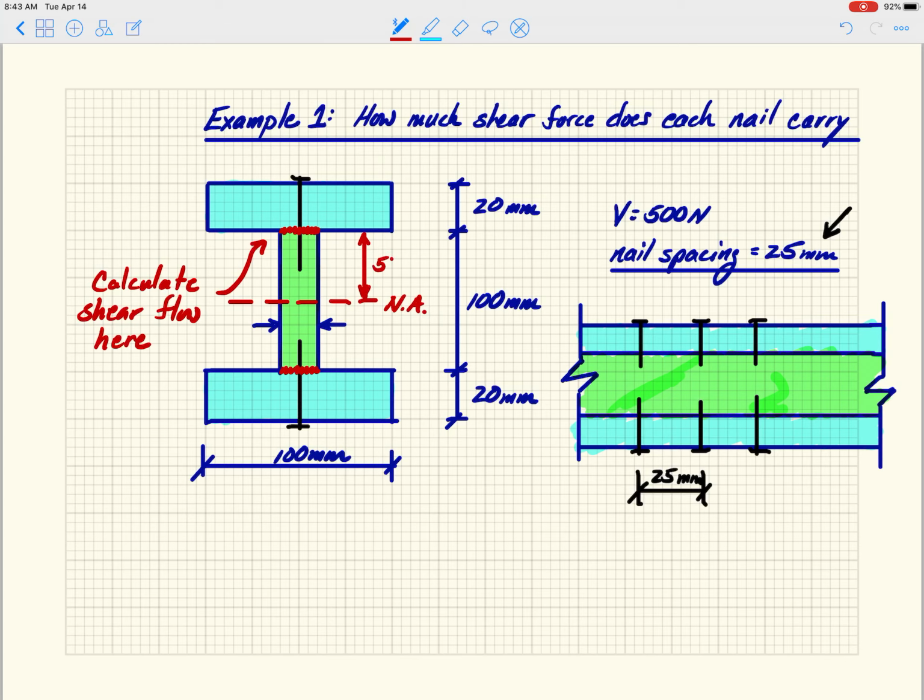So this is 50 millimeters, like that. And this here, we're going to call that D. All right. So that is our D.